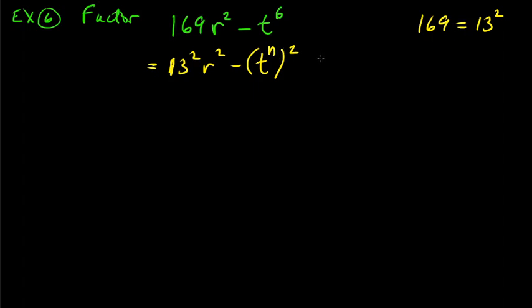Remember the rule for exponents? This is just t to the n times 2, or 2 times n. So what number times 2 is 6? Of course, right? Just 3. Right? So that means we can write t to the 6 as t to the power 3 squared.